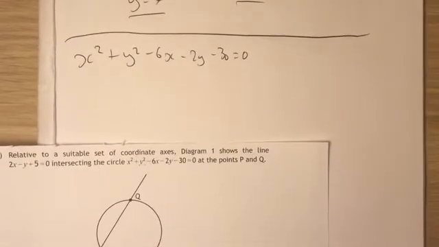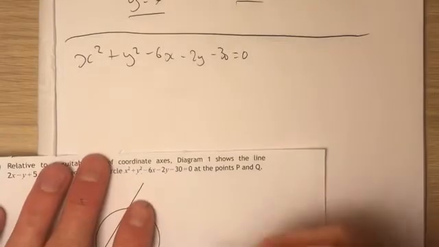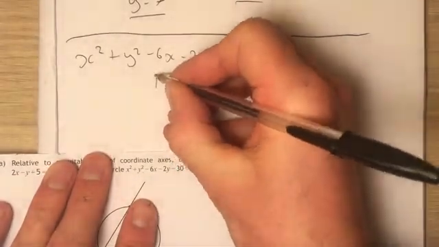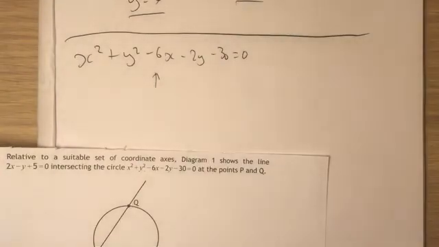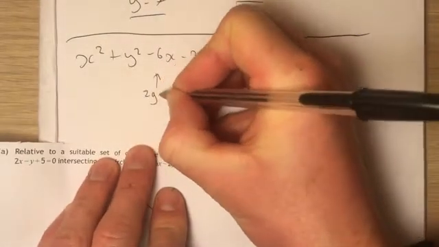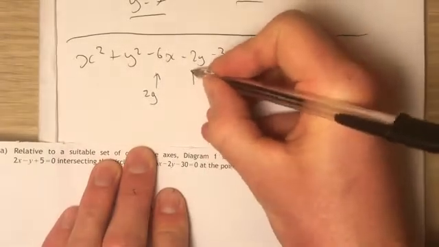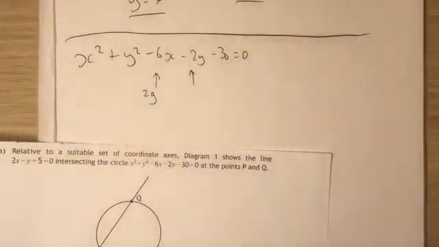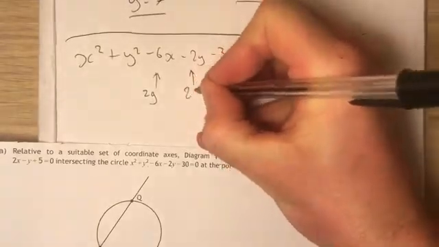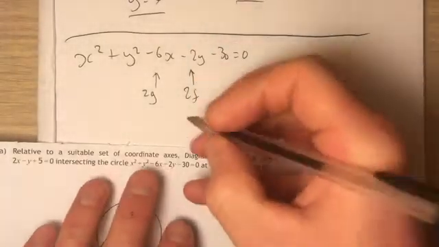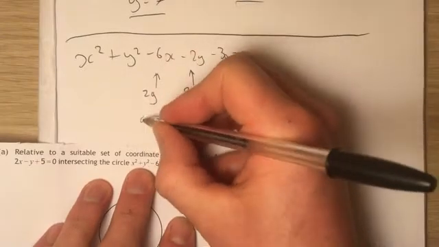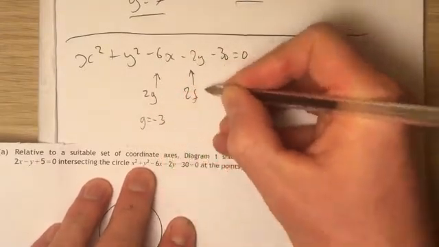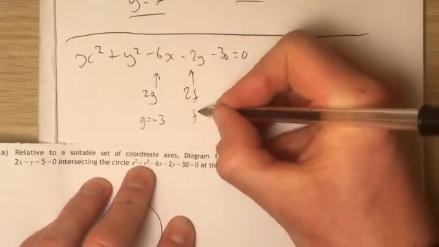On our formula sheet, we have the equation of a circle, and if you match it up to the formula sheet, this bit here is going to be 2gx. The bit by the y is going to be 2fy. So because 2g is negative 6, g is going to be negative 3. 2f is negative 2, so f is going to be negative 1.